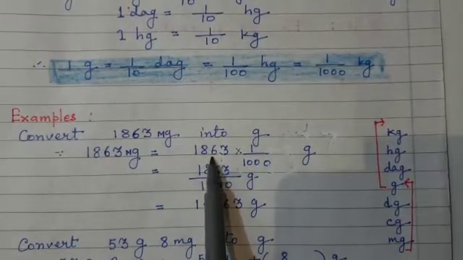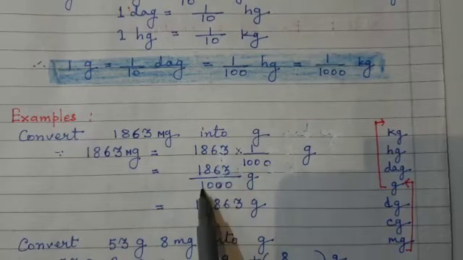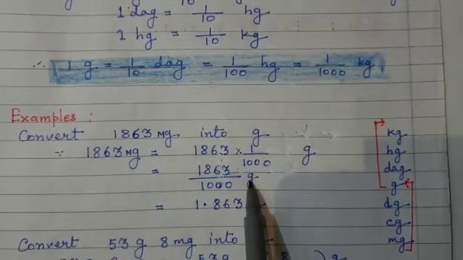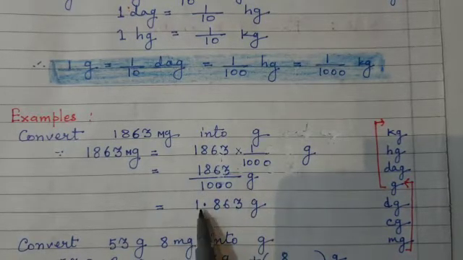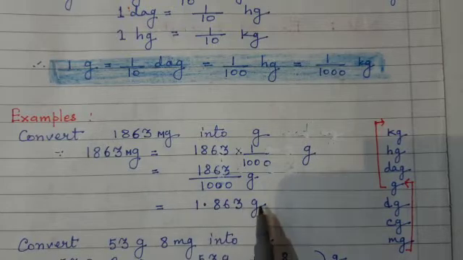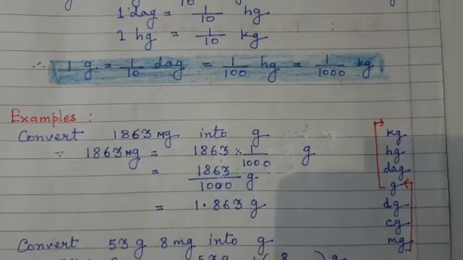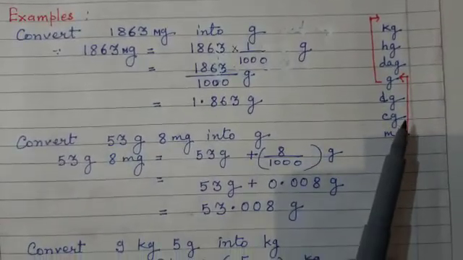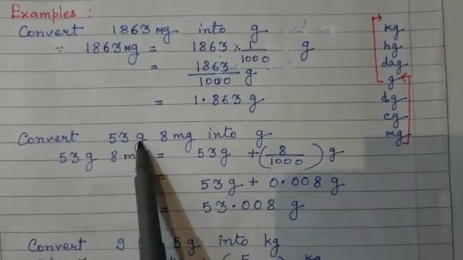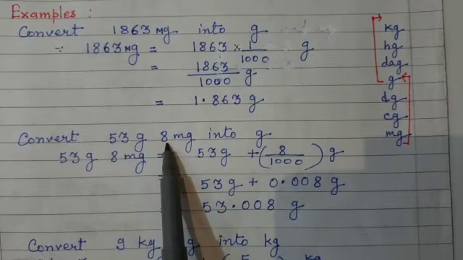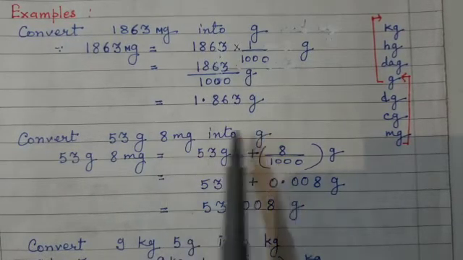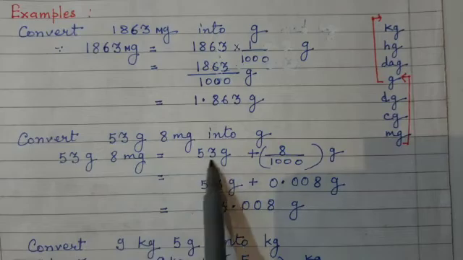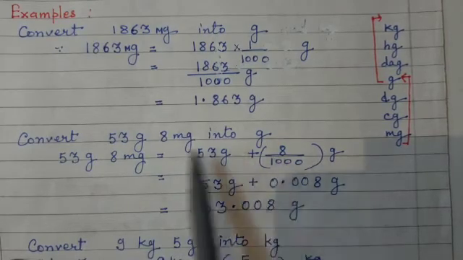So 1863 divided by 1000, then it will be converted to gram, and finally it is 1.863 gram. Another example, 53 gram 8 milligram into gram. Here 53 gram is already given in gram, only we need to convert this 8 milligram into gram. So it can be written as 53 gram plus 8 milligram.